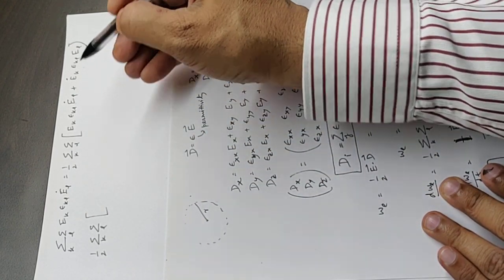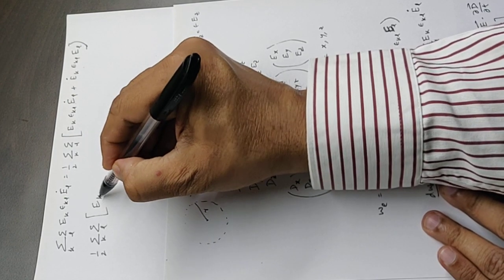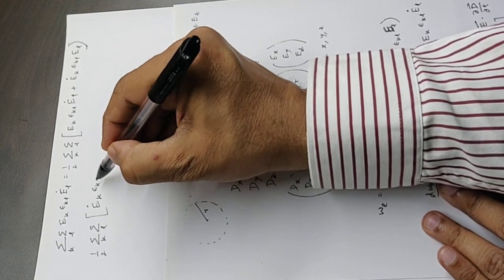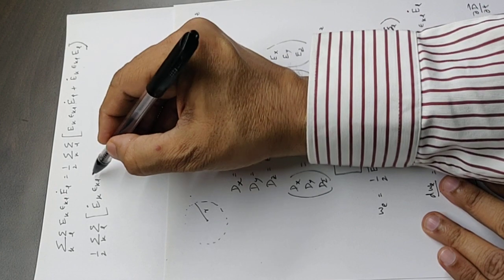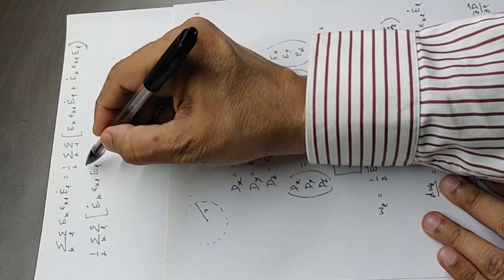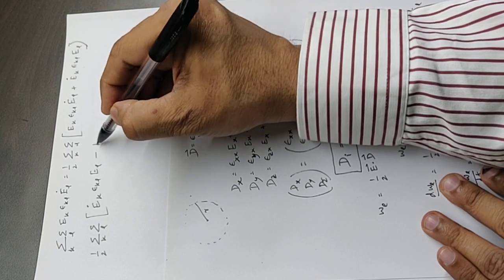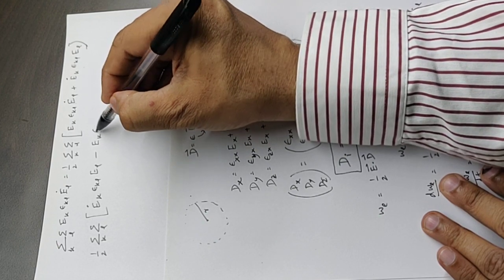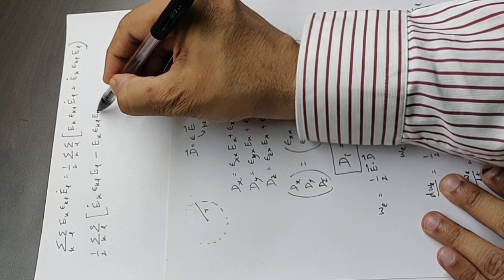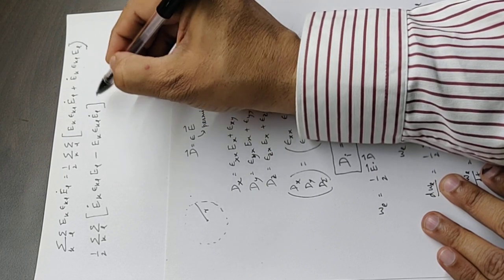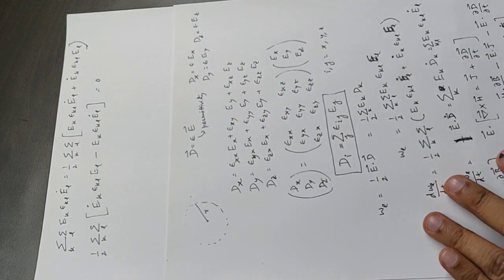So I'm writing this first, Ek dot epsilon kl EL, minus Ek epsilon kl EL dot. This should be equal to 0.